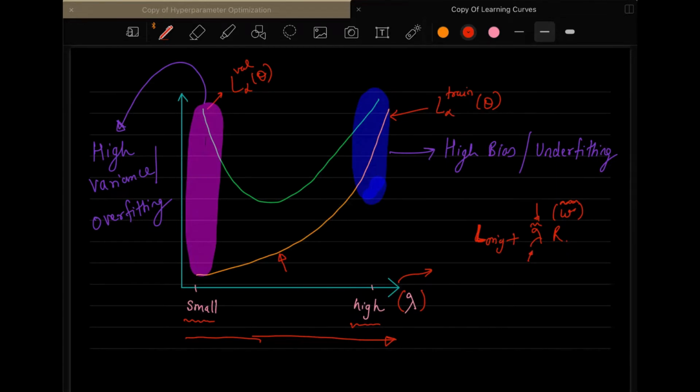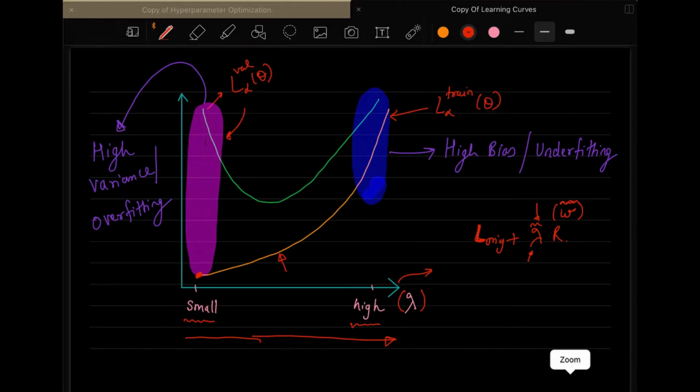If your w will not be penalized, then obviously for the training set your error will be very small because it will overfit. Whereas the validation loss will be high because at this particular region, which I'm showing you as a shaded region, this is the overfitting situation, so obviously the validation loss will be high, as we have seen earlier also.